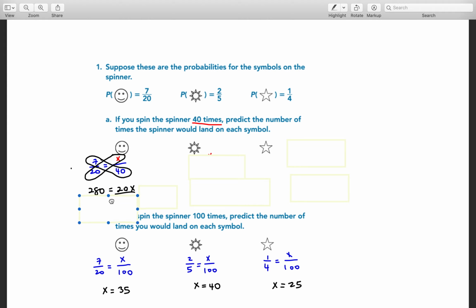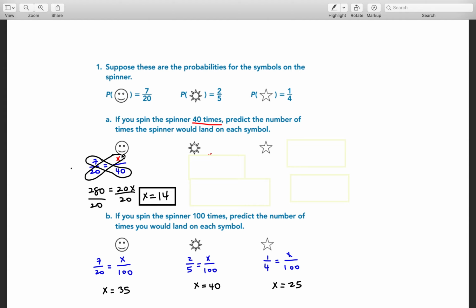So 280 is equal to 20x. To isolate x, divide both sides by 20. 280 divided by 20 gives x is equal to 14.